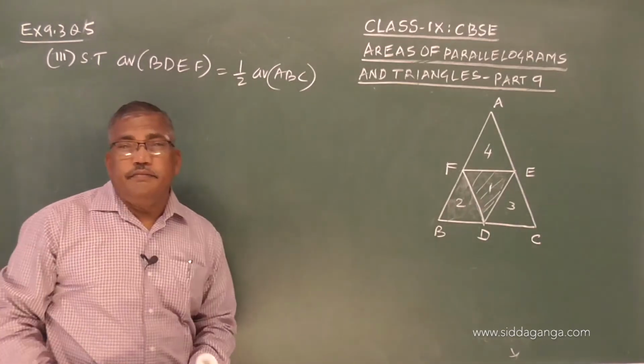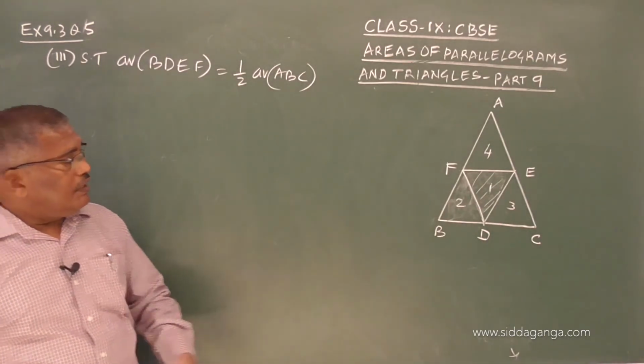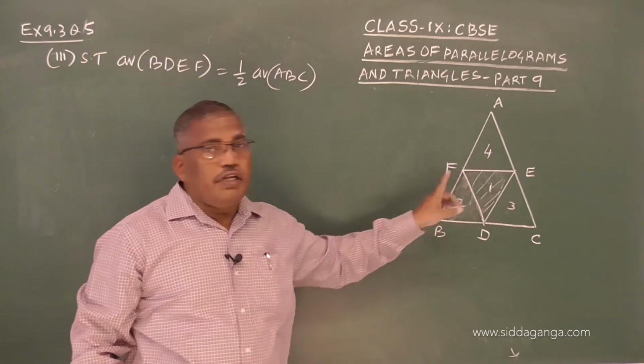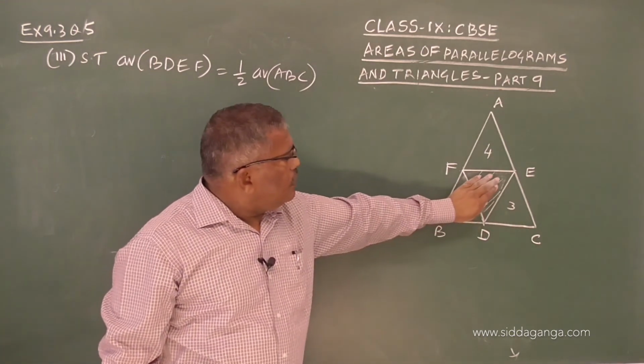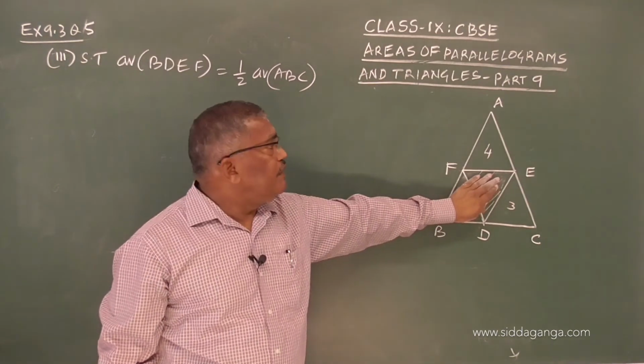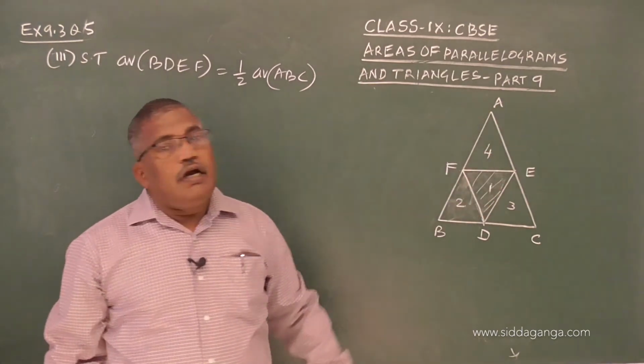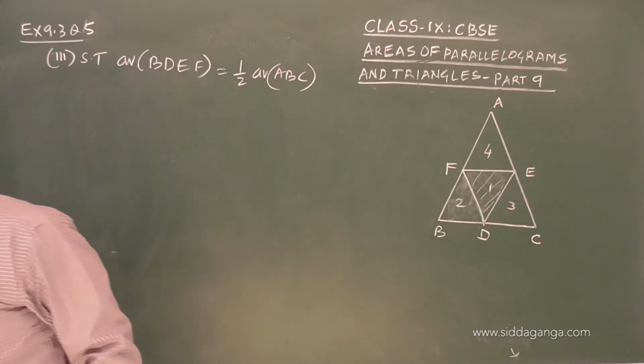So, there is not much work in this. We know that all these four are equal. BDEF is two portions, therefore, it is definitely half of the total area.